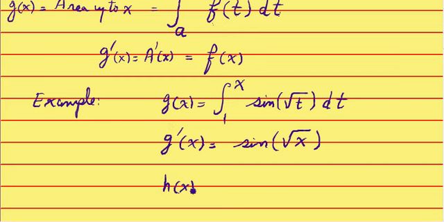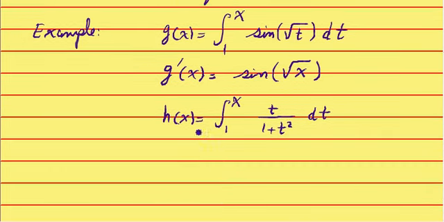Suppose I have h of x, so h of x is some integral. That integral would not have been too disastrous to try to calculate, but we are not there yet, and we don't need the integral.